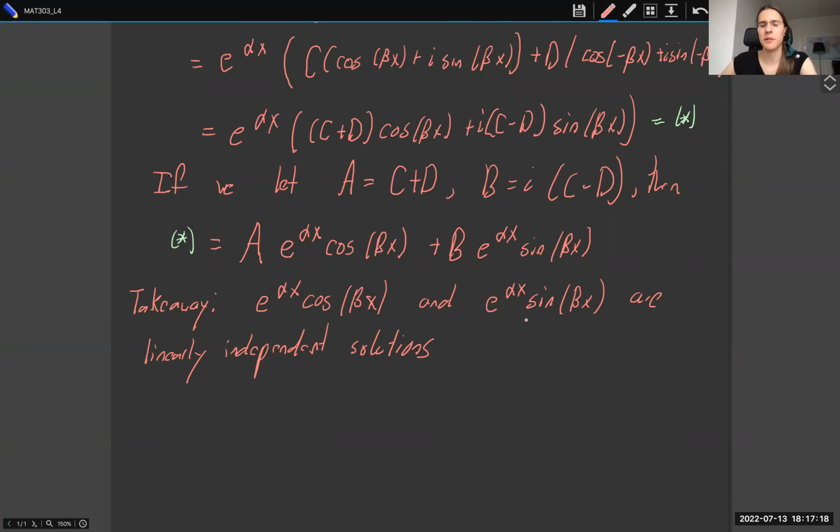So neither is a multiple of the other. Linear independence does not in general mean that things are not multiples of each other if there are more than two things. But if there are two things, then the condition just reduces to neither being a multiple of the other. But if you have three things, it's more interesting.